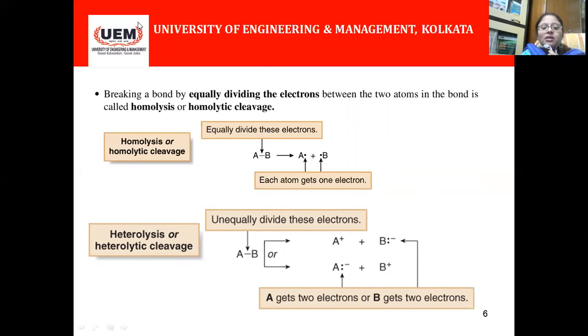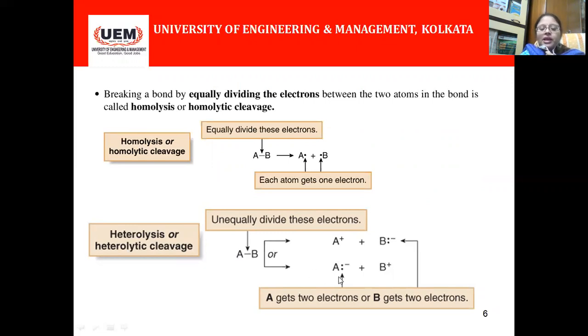So it is getting equal share of electrons. Both A and B are getting an equal share of electrons. Now heterolysis. Hetero means unequal. So heterolysis means unequal division of electrons. If AB divides, it may happen that A is converted to a positively charged ion and B to a negatively charged ion.